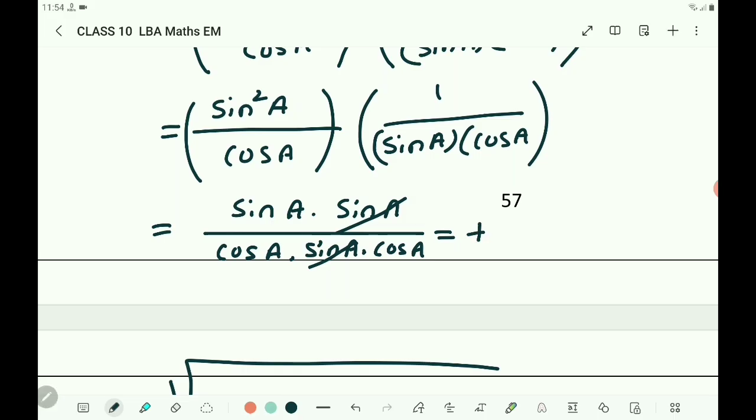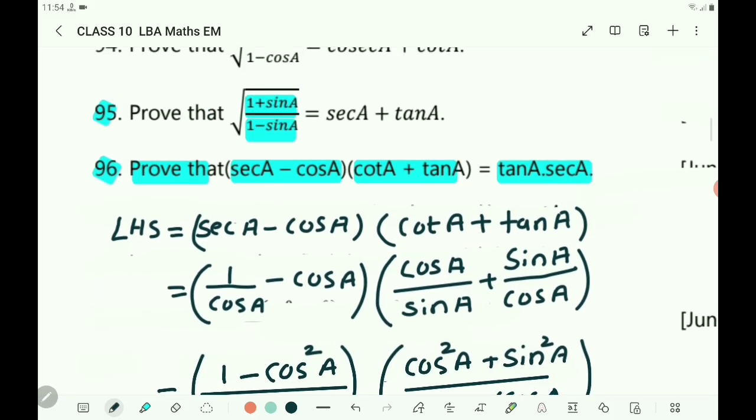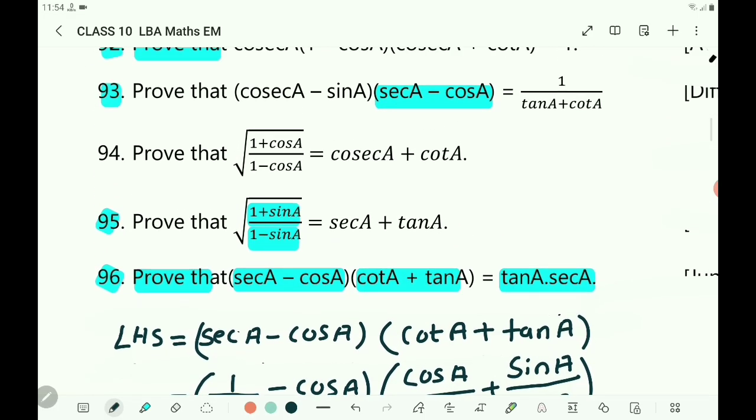Write that as tan A, and 1 by cos is secant. Tan A into secant A is the RHS. Here you got tan A into secant A.